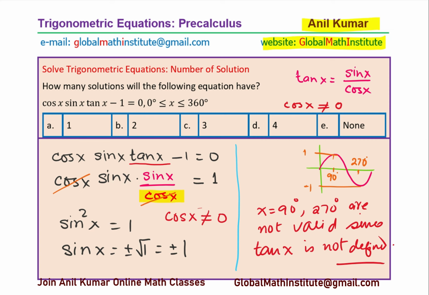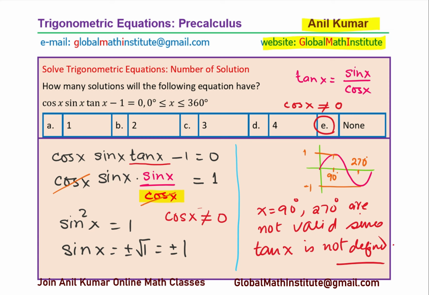In many test papers, students make the mistake of not looking into the restrictions. So whenever you're solving equations, do look into restrictions. Very important. Therefore, the answer for us is none of them. There are no solutions for this. Not even 1, 2, 3 or 4. No solutions at all. That is the right answer for the given situation.